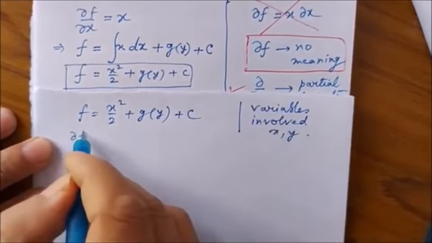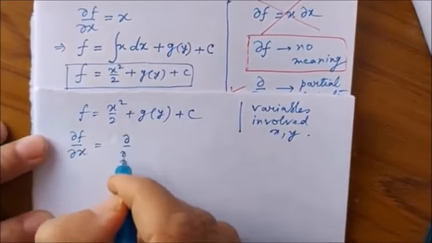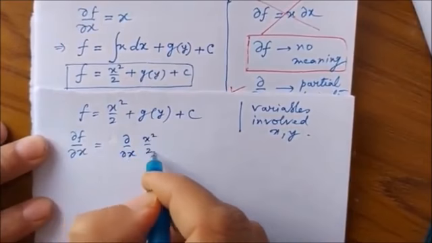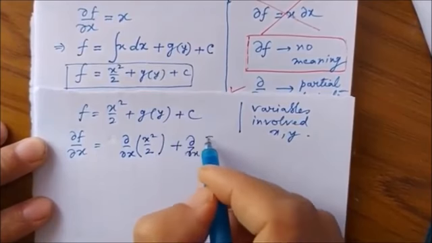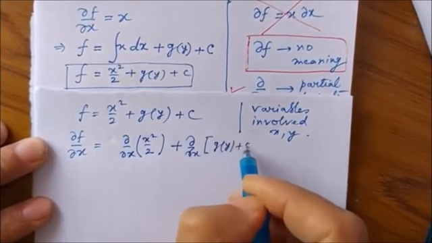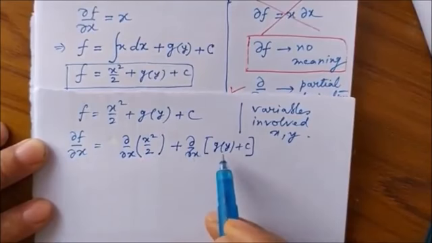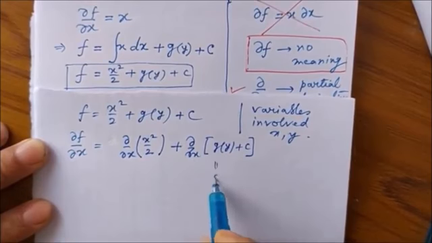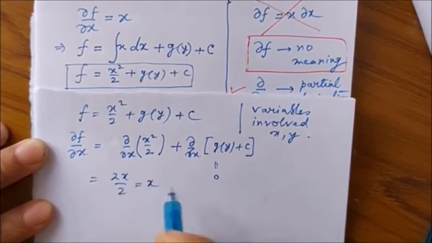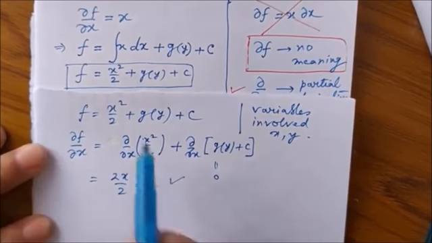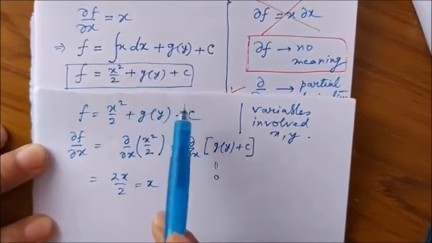Now del f del x will be partial derivative with respect to x means y is constant and therefore it will give us 0, and what we are left with is 2x by 2, which is x. So indeed we have got back del f del x equal to x starting from this result. So what we did was correct.